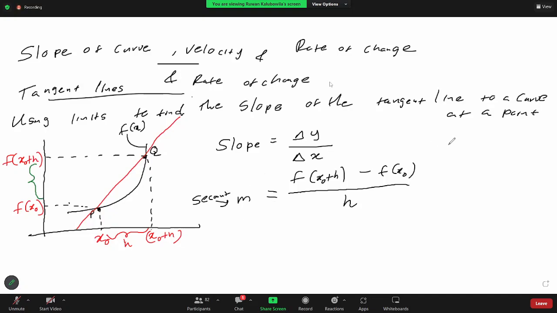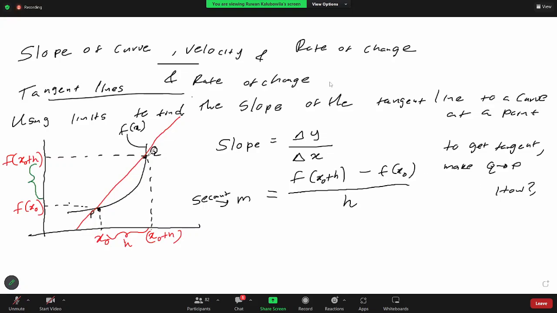Then what do we have to do to get the tangent? You have to bring Q to P, right? So how to do it?